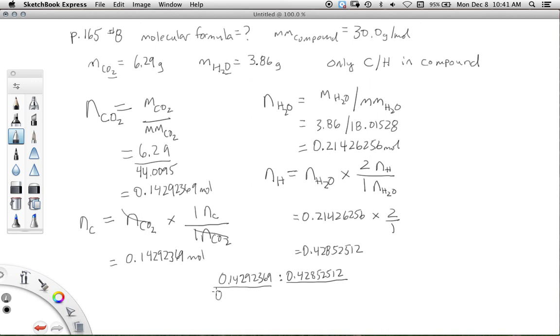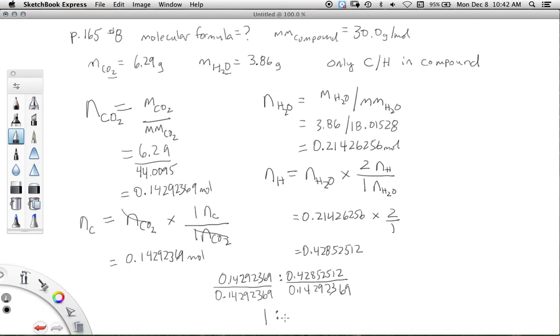Divide both by the lowest. I'm assuming it's about a 1:4 ratio. I know this is 1.